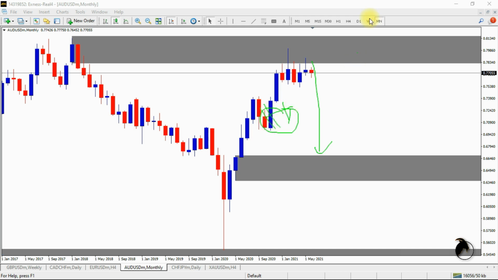The only time we will be looking for buying opportunities is when this zone has been violated. So if this zone keeps its control, then we'll keep on looking for selling opportunities.